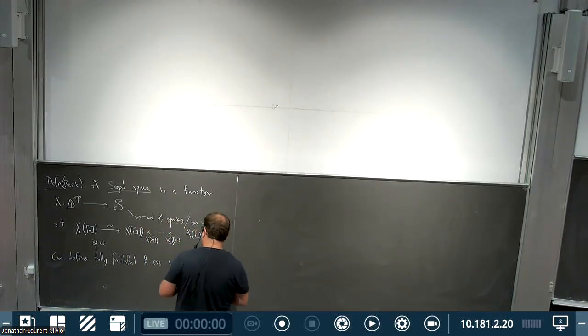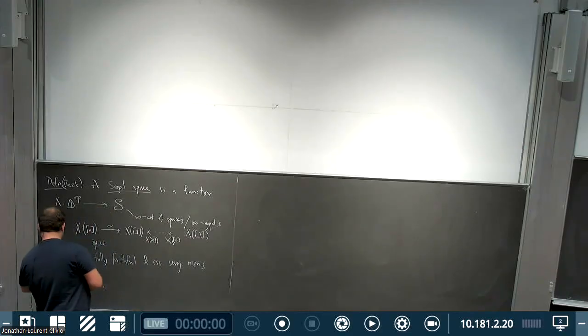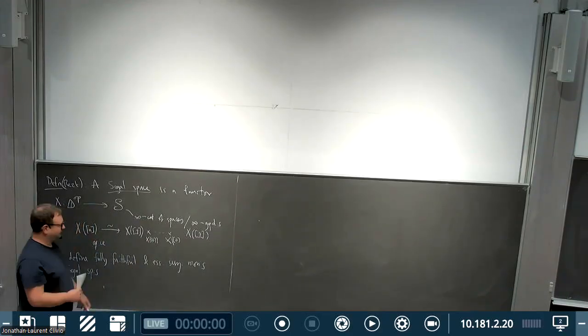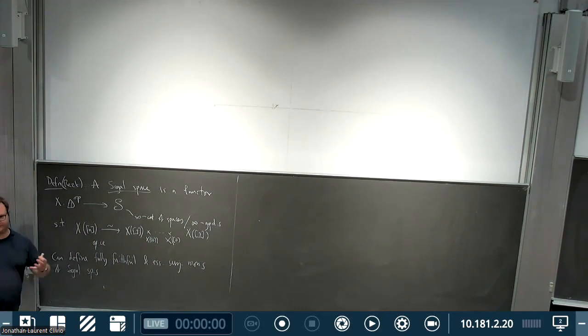Morphisms between Segal spaces. And then we get the correct infinity category of infinity categories. We should invert these fully faithful in the sense of surjective maps.